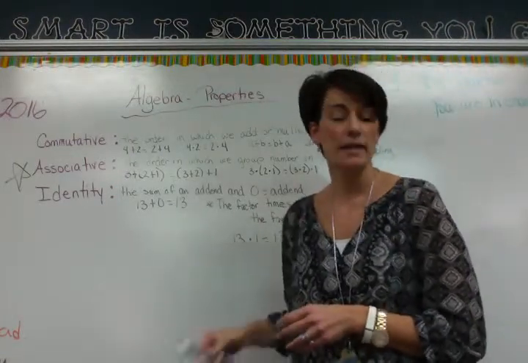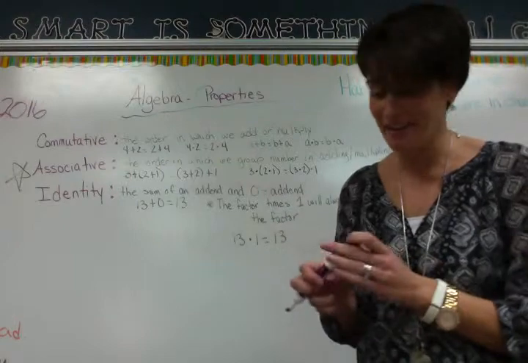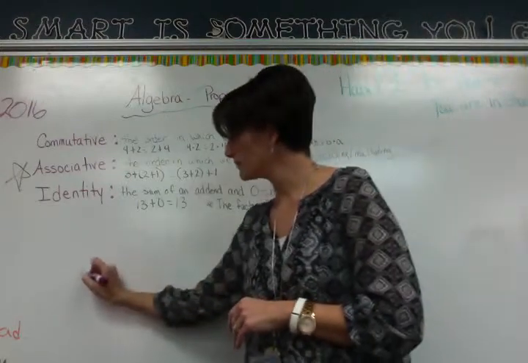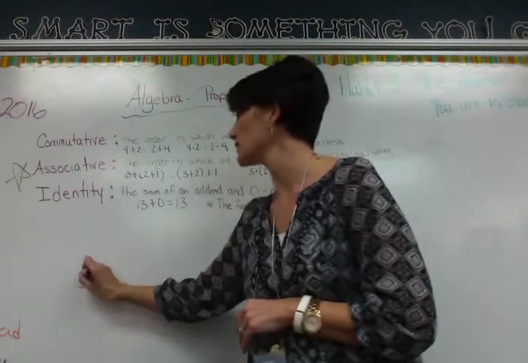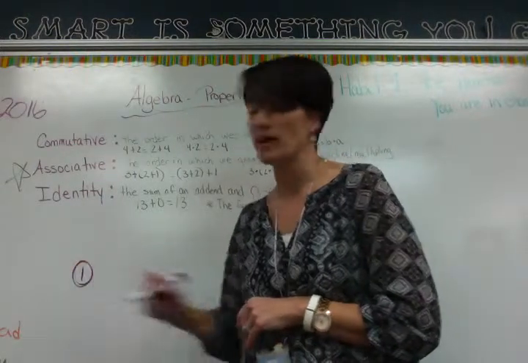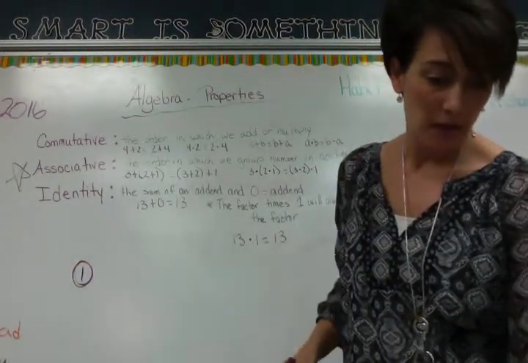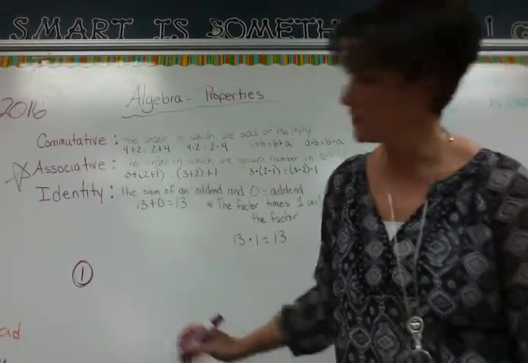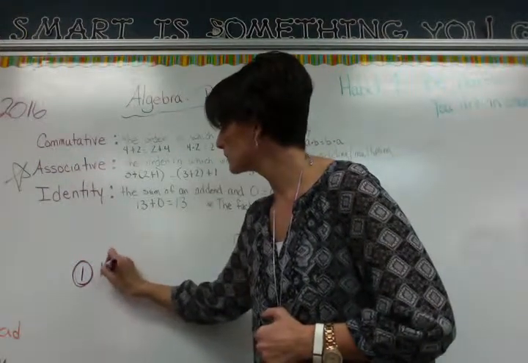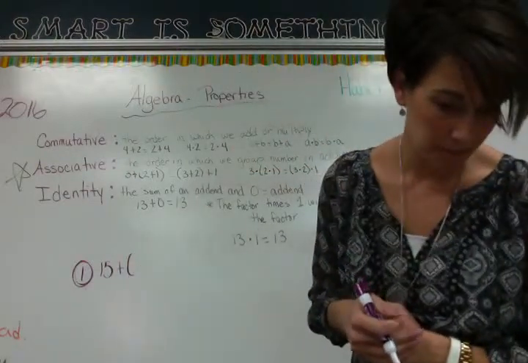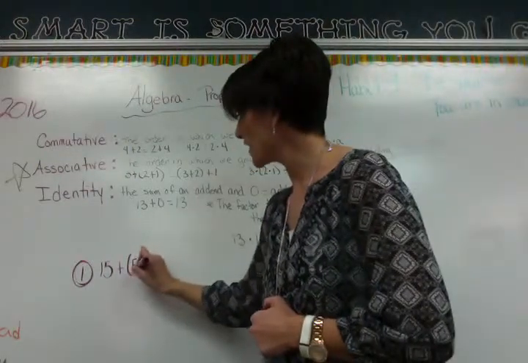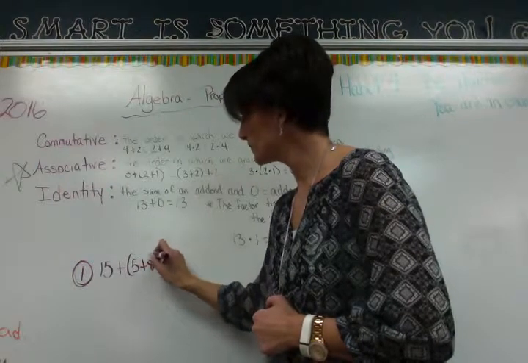All right, so let's do a problem and let's see what it looks like. So we're going to do example number 1. And I'm going to try to leave these up here. So I am going to erase our problems as we solve them just because I want to make sure we have enough time or enough space. So our first problem is 15 plus parentheses 5 plus 8.